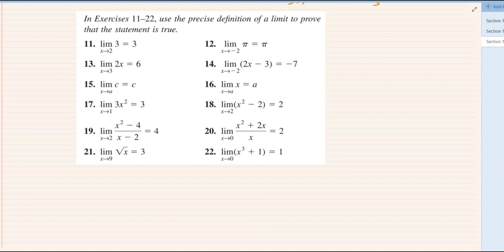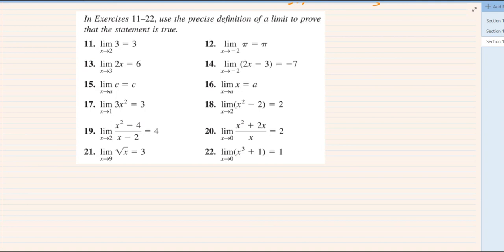You will see this kind of definition, the epsilon delta definition of limits, in your 3rd semester calculus also. So it is something you will come across later on. I don't recall seeing it in the 2nd semester calculus, but definitely in the 3rd semester calculus you will be working with epsilon delta.